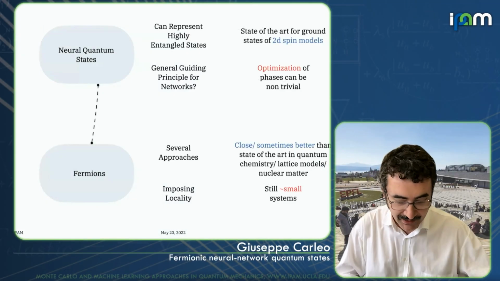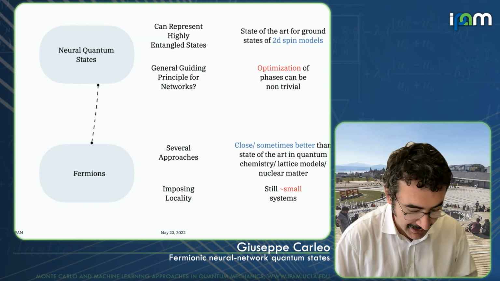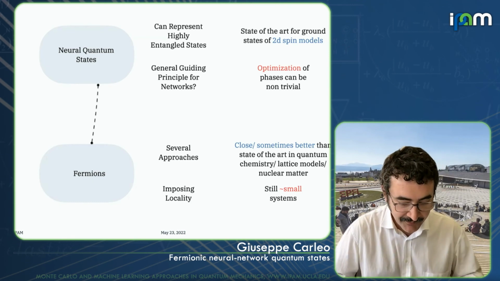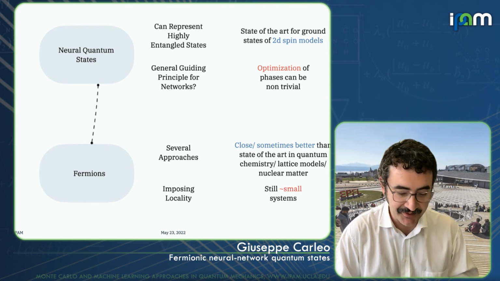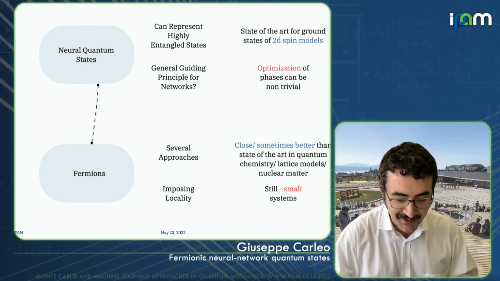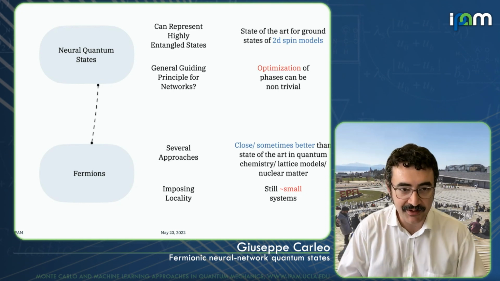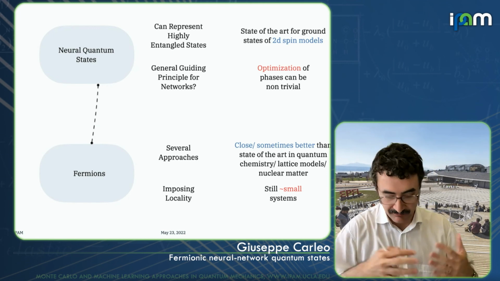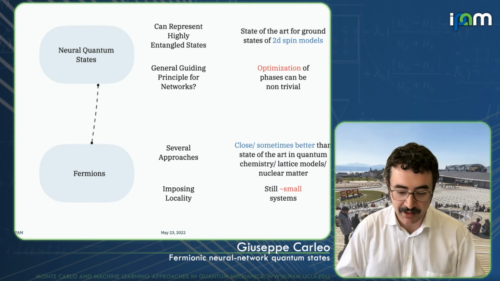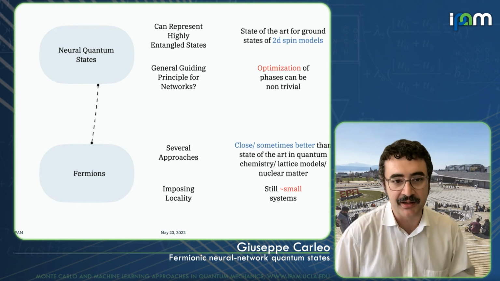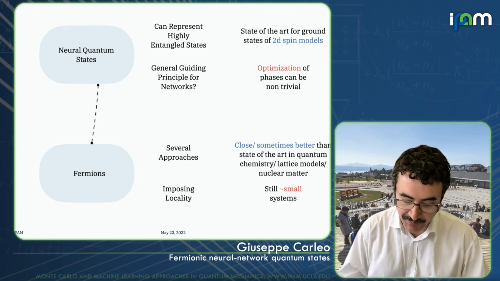I also want to mention, in this outlook, that I believe that by now we and many others have established that we can really represent highly entangled states with these neural network representations. There are some issues that we are aware of, that many people are working on. Optimization is certainly one of those, also for spin models.